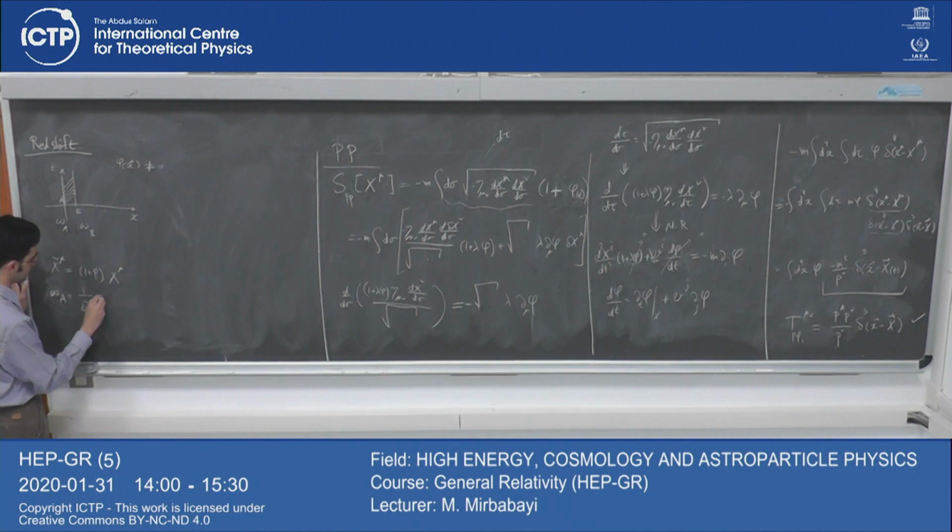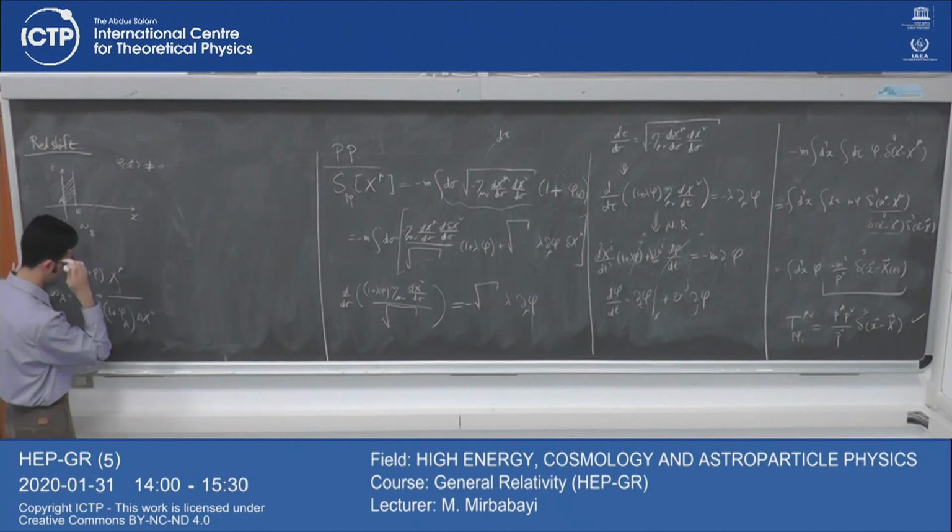Now we can translate this tilde coordinate to the original coordinate. So it is 1 plus phi A times delta x0. And remember, delta x0 is just this coordinate time.